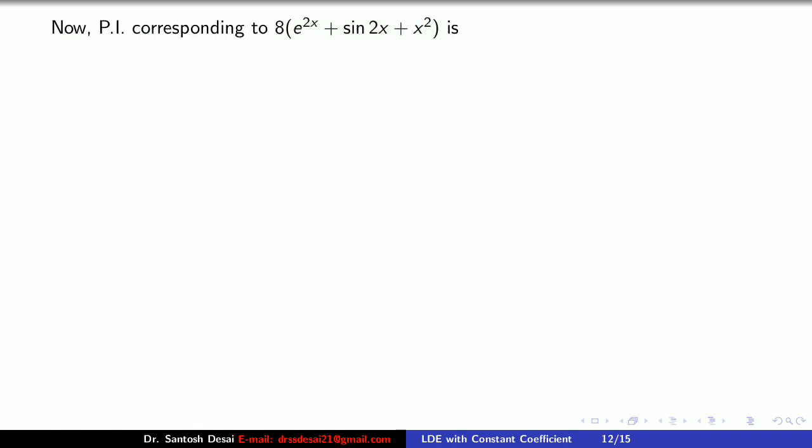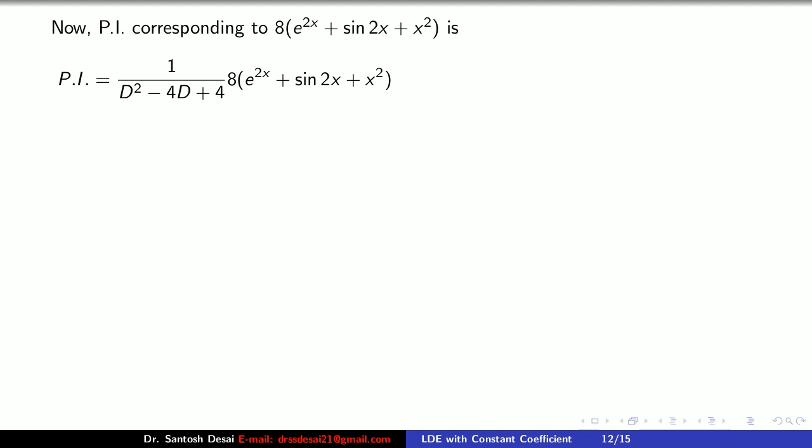Now PI corresponding to 8 into bracket e raised to 2x plus sine 2x plus x square is, PI is equal to 1 upon d square minus 4d plus 4 operated on 8 into e raised to 2x plus sine 2x plus x square. Now if you check the bracketed term, each term is different. Exponential term is there, trigonometric term is there, and also algebraic term is there.